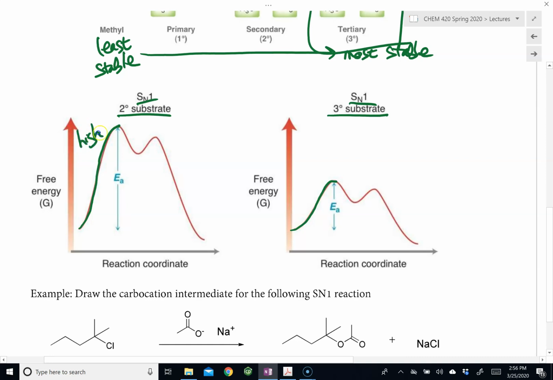So this is the higher activation energy, and this is the smaller activation energy, and therefore it can happen faster. The reason the tertiary substrate has a lower activation energy is due to the stability of the intermediate. This intermediate right here is more stable than this intermediate. Therefore, it does not require that much energy to get to this more stable intermediate.